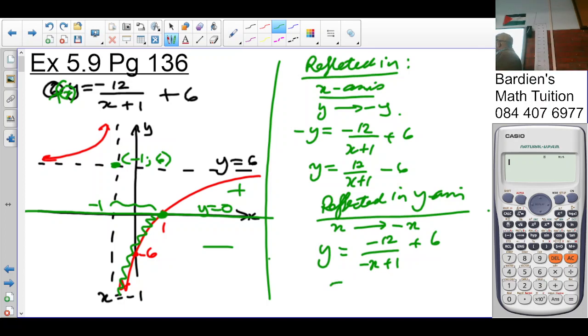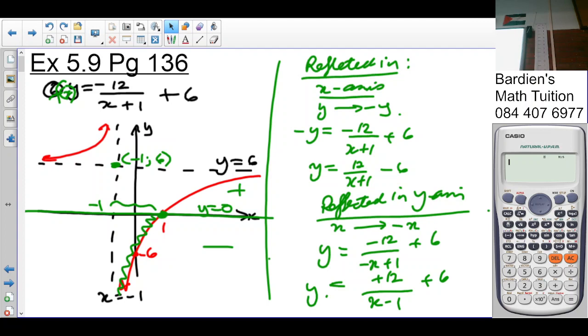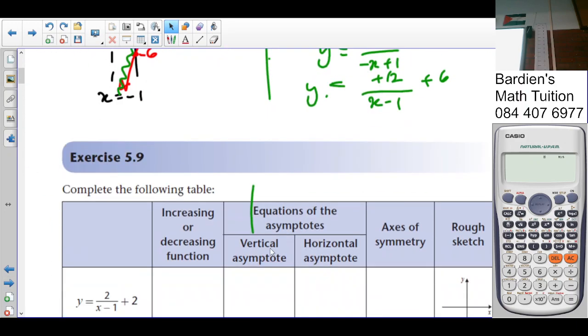We take out negative as a common factor. So it's negative 12 over, becomes positive on top, x minus 1 plus 6. Alright? You guys understand? Is there anything else I ask you with regards to those questions? No. Alright.